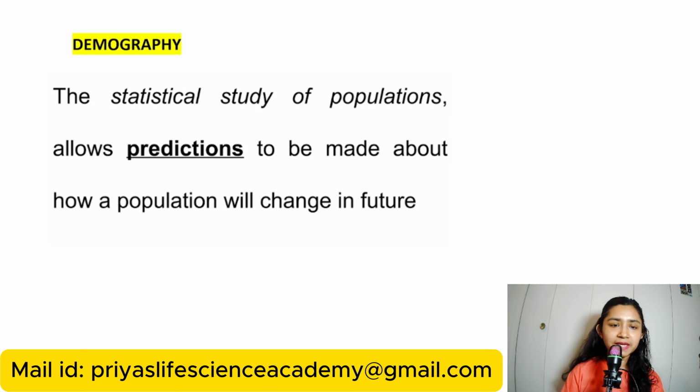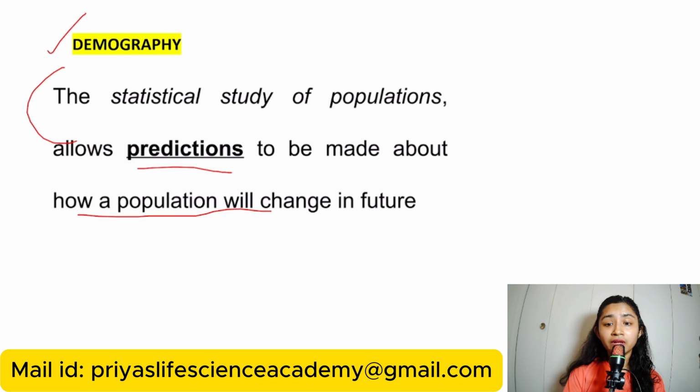Now we will see what is demography. The statistical study of populations allows predictions to be made about how a population will change in future. Okay, it's a measurement of how the population will change with time. Like for example, 20 individuals are there in the initial position.